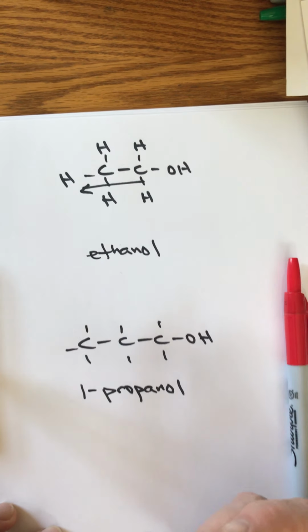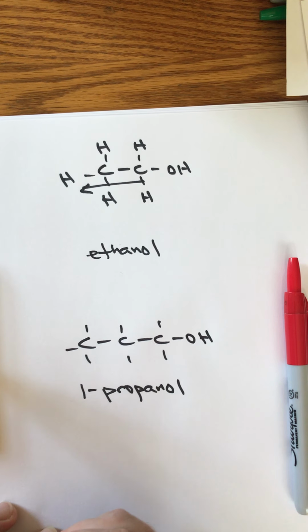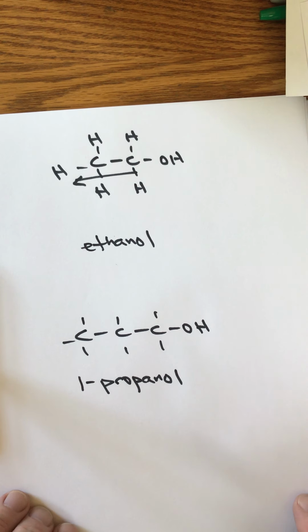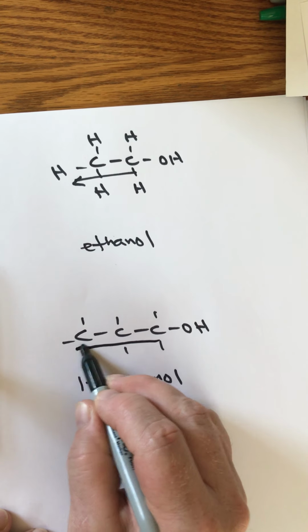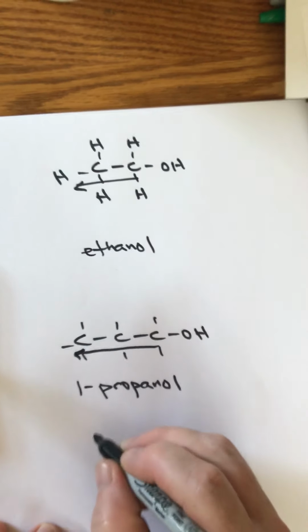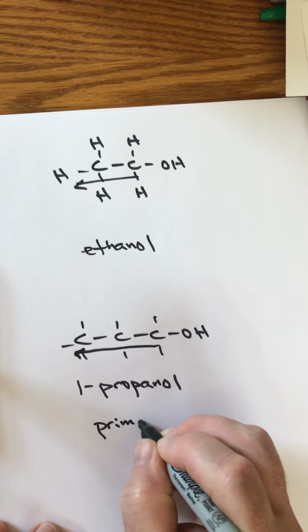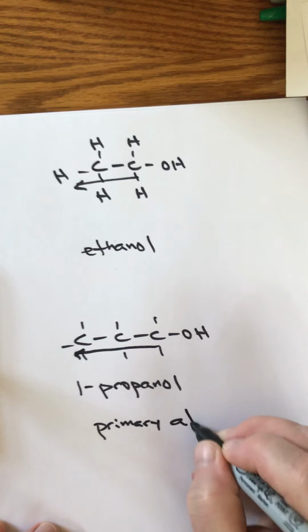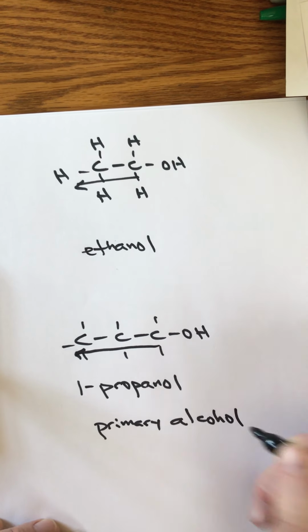You could call it 1-ethanol, but there's no need. It's redundant. This is a primary alcohol because there is one continuous chain of carbons. So I would classify 1-propanol as a primary alcohol.